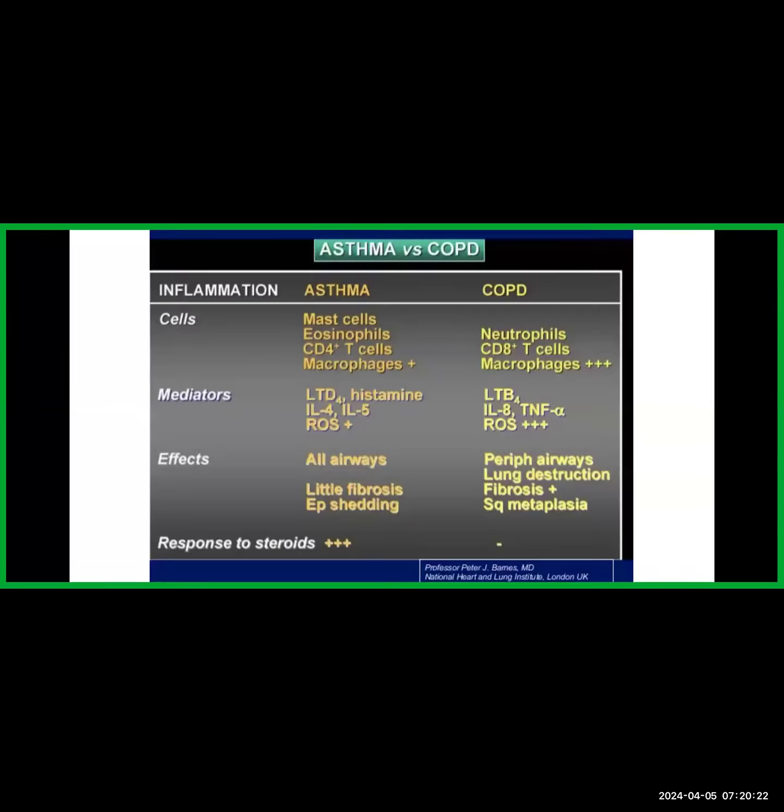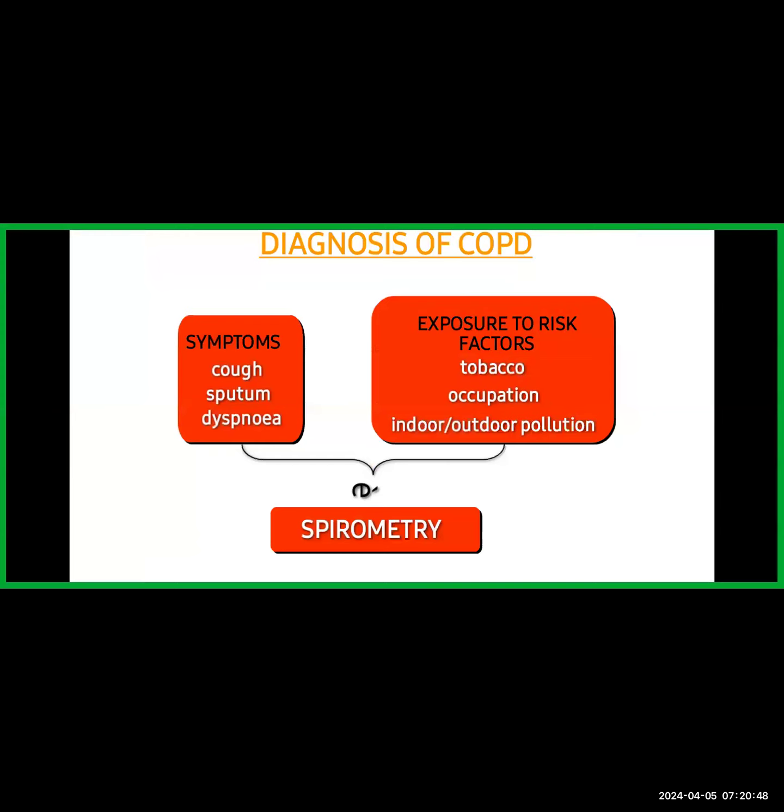So this is just a table, in addition to the clinical features that we mentioned, for differentiating chronic asthma from COPD. We can see the cells, the mediators again, and the effect: usually all airways will be involved in asthma. However, in COPD, peripheral airways are first affected, and the response to steroid is remarkably marked in asthma, unlike in COPD where bronchodilator therapy is used.